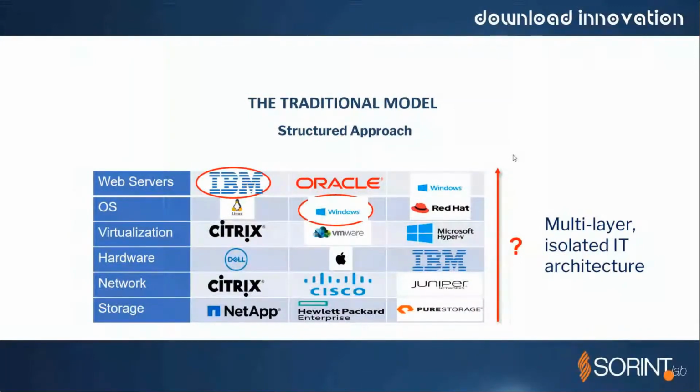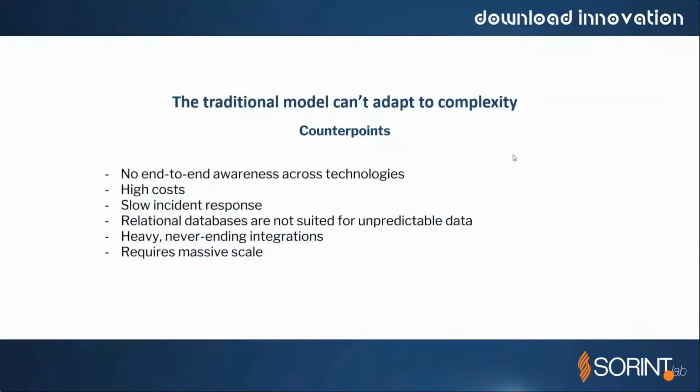And usually, for analytic purposes, each of these layers is isolated from the other ones. So typically, logs from each layer are stored in different places and analyzed with different tools, and this makes it very hard to relate them. There are some disadvantages of this approach. There's no end-to-end awareness across technologies, like I mentioned. High costs, because usually the cost is spread across all these different tools and infrastructures, which drives the cost up.